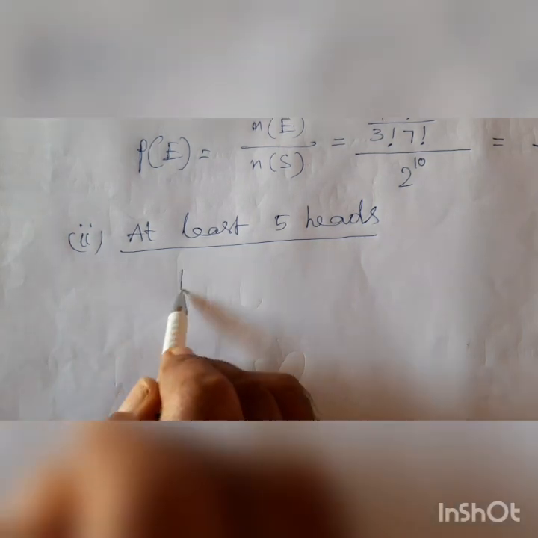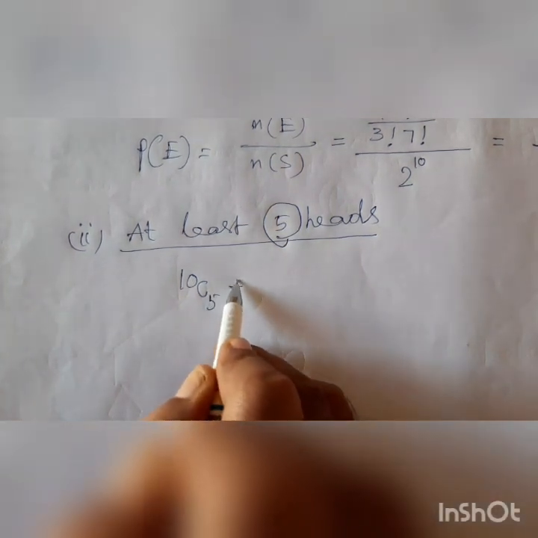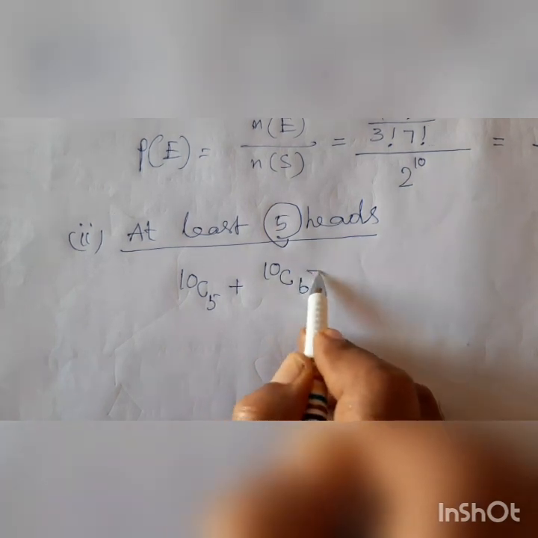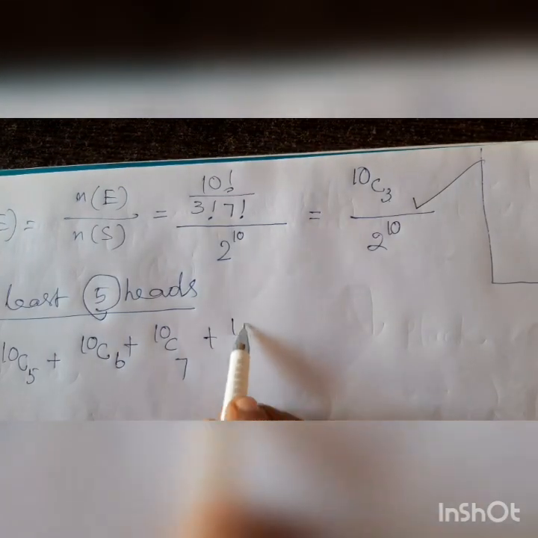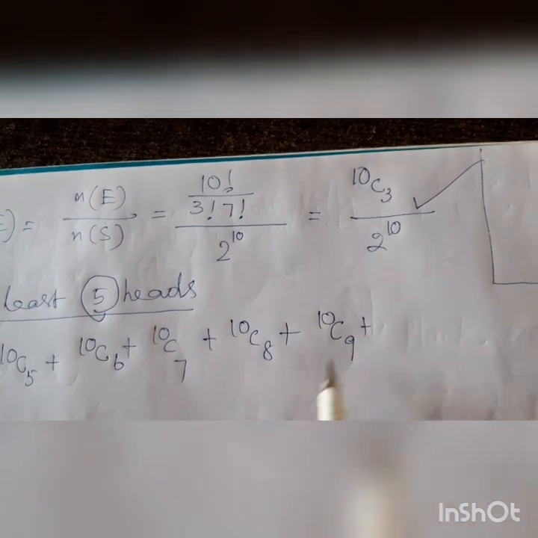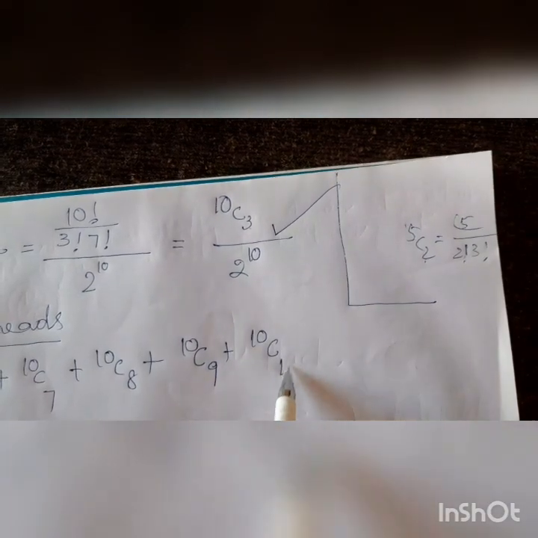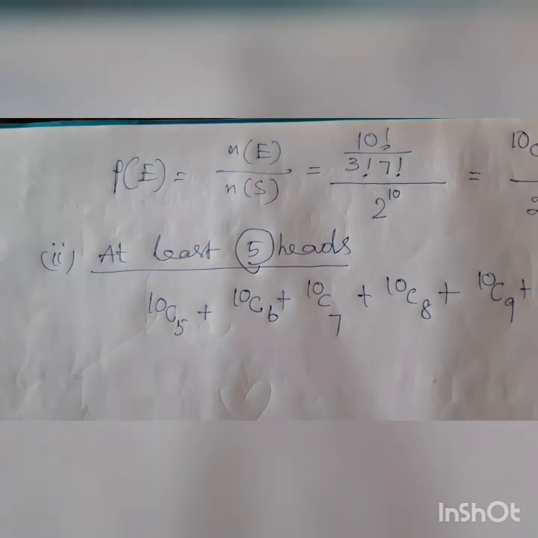So at least 5 means 10C5 plus 10C6 plus 10C7 plus 10C8 plus 10C9 plus 10C10. What is this? At least 5 heads. Favorably, we are assuming that after tossing, at least 5 heads turn up.